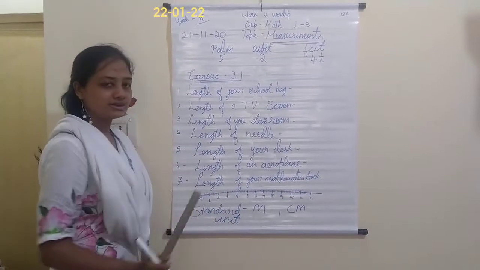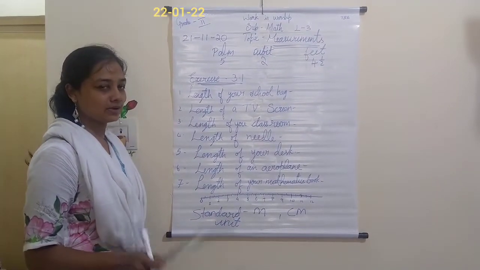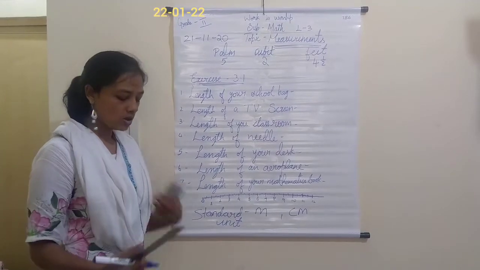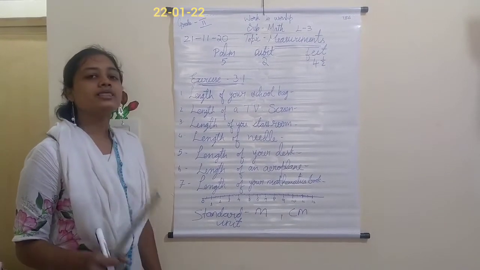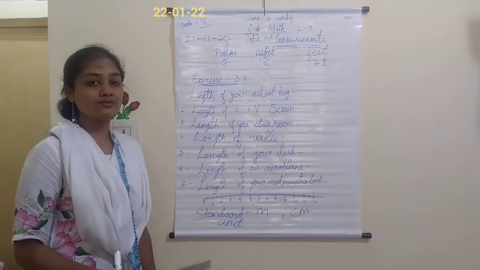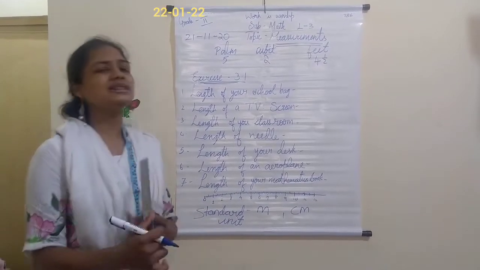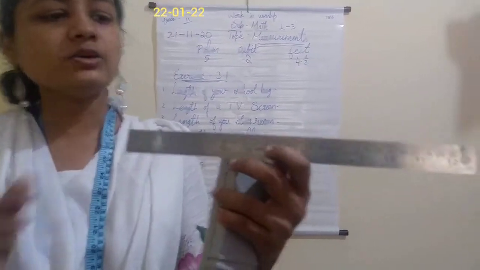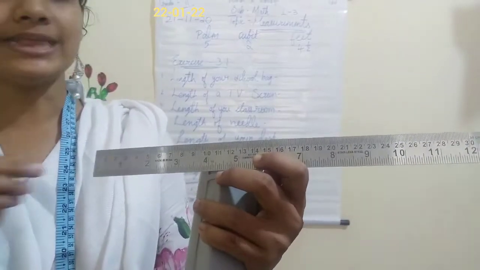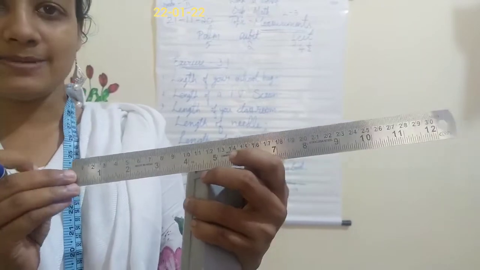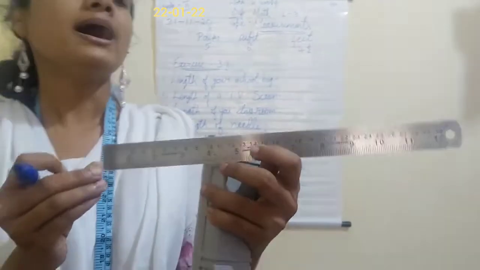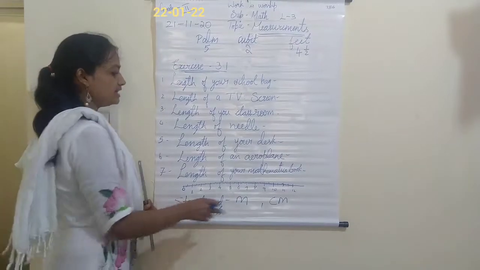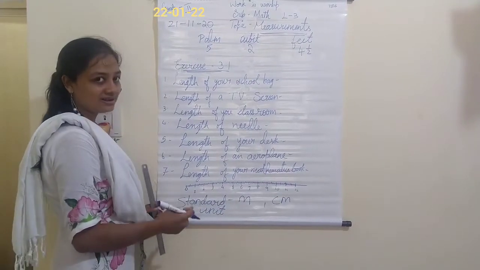So how do you measure this? Let's see the scale now. You know that we use scale or a tape to measure. Now I'll teach you how to use that for measuring. So you can see the scale here and you can see some numbers marked on it. These numbers are nothing but centimeters. Okay. I have drawn the picture of a scale here so that you can see clearly.